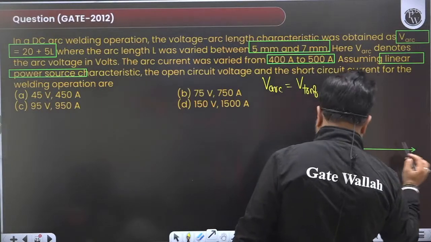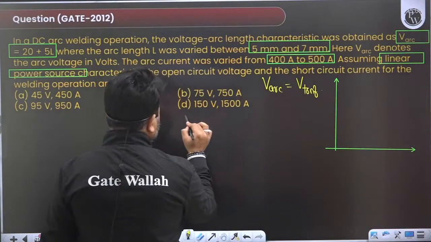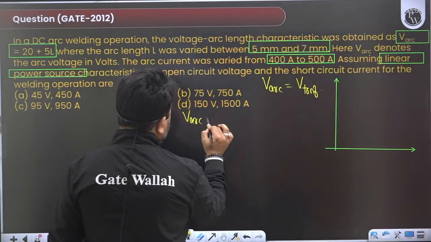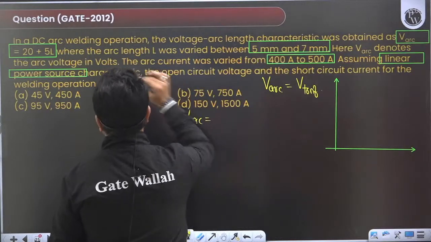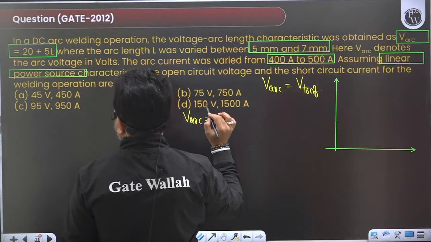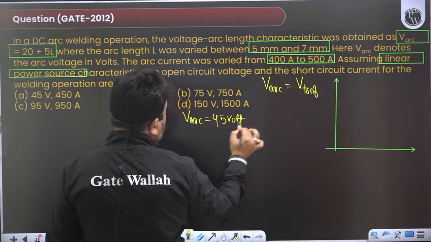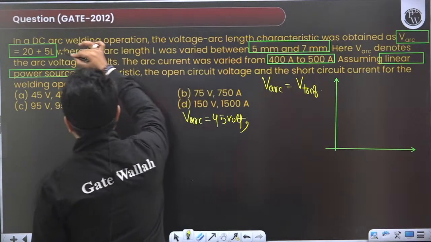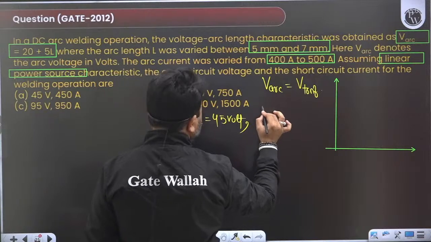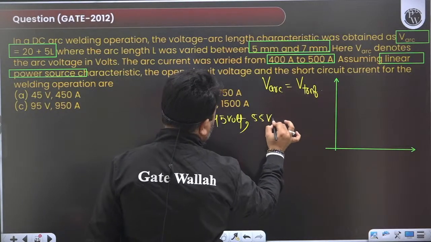So here, at L equal to 5 mm, if you put 5 it is 25, so 45 volt, right? And if you put 7 mm here, 7 into 5 is 35, 35 plus 20, 55 volt.